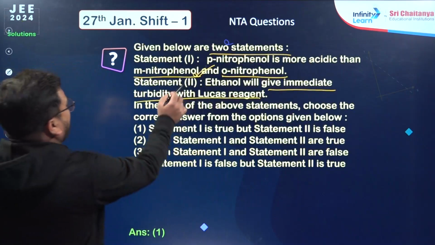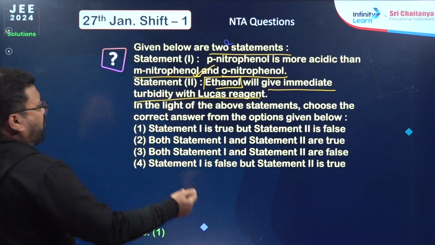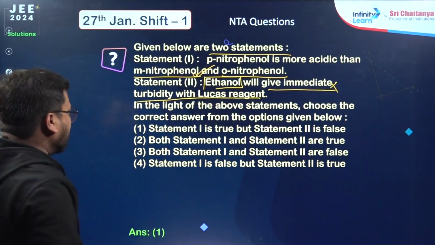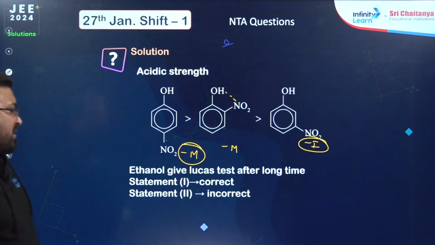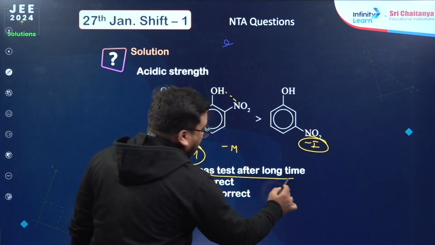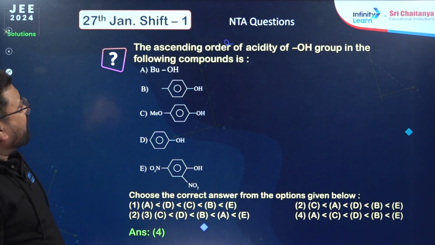In this case, your ethanol is 1-degree. So immediate is totally wrong. Statement 1 is right, but the second is false. So this is the right answer. Any issue, bachalo? Okay, ethanol gives the Lucas test after a long time. You can see this language. Come to the next point.